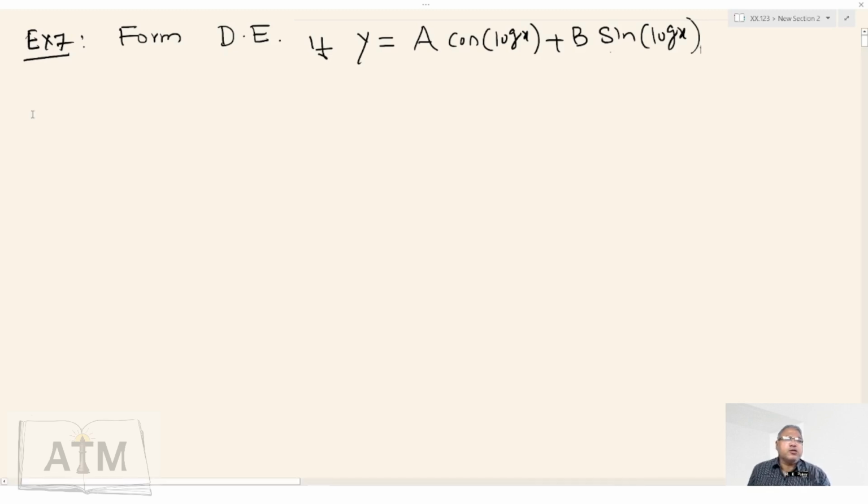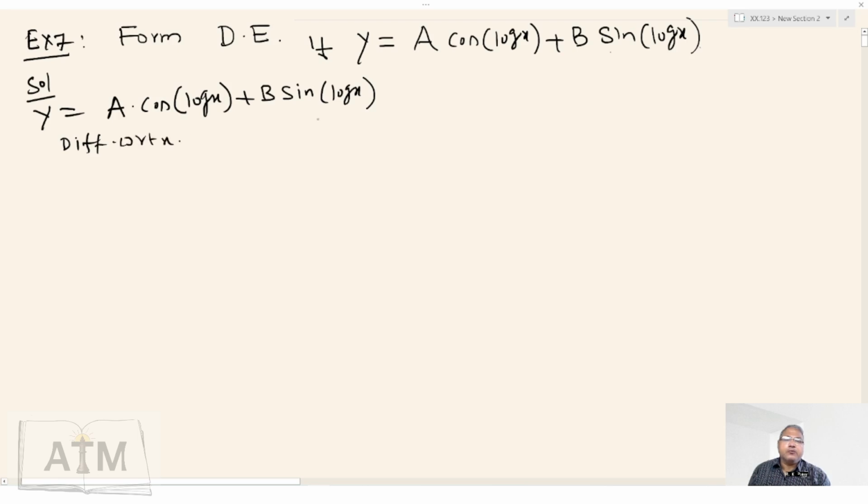Form the differential equation if y equals a into cos of log x plus b into sin of log x. Solution: y equals a cos of log x plus b sin of log x. First of all, call it equation 1.